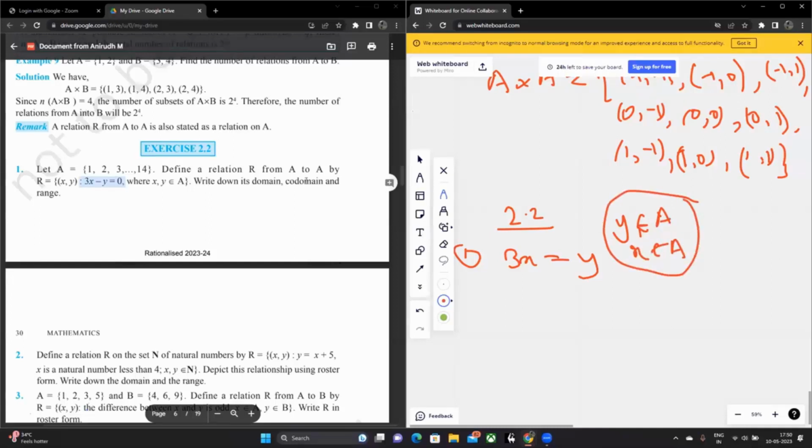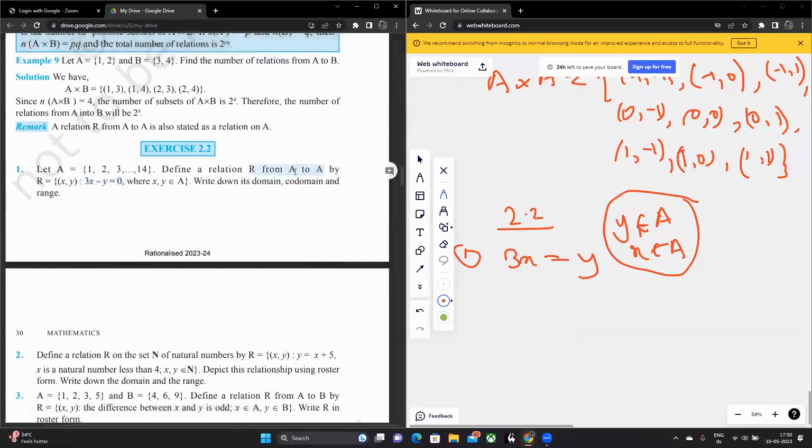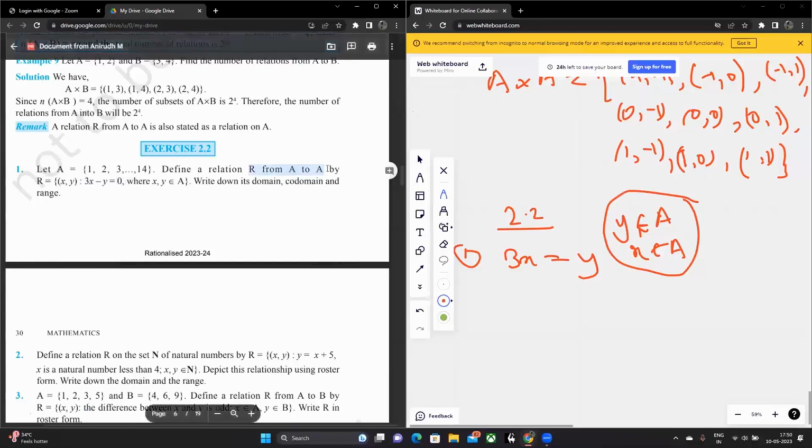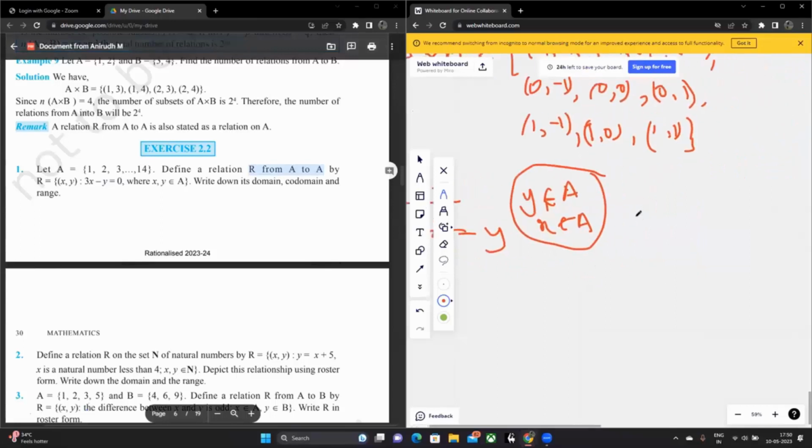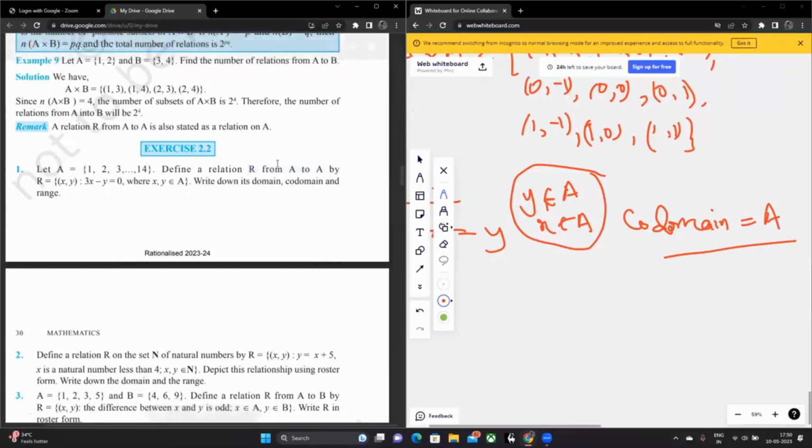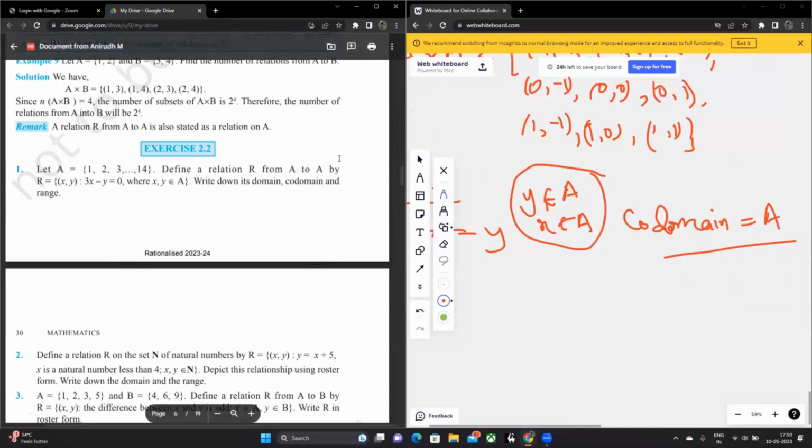These two constraints are simultaneous because the relation R goes from A to A, right? The superset of the domain is also A. The codomain is also A, right? So you can say at the start that the codomain is equal to A. Done. Because the codomain is the second set to which the relation travels to, right? It's not from, it's to, right?